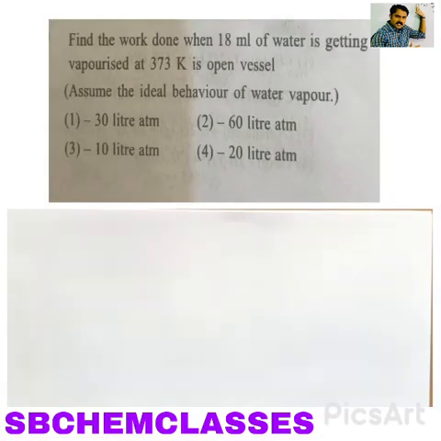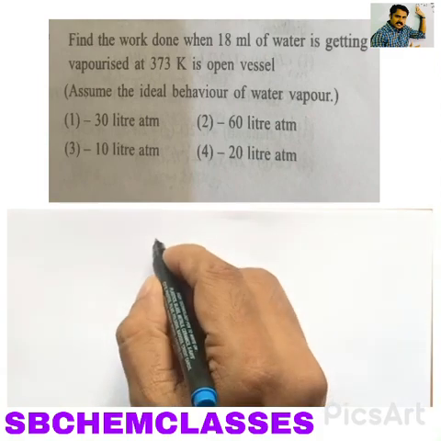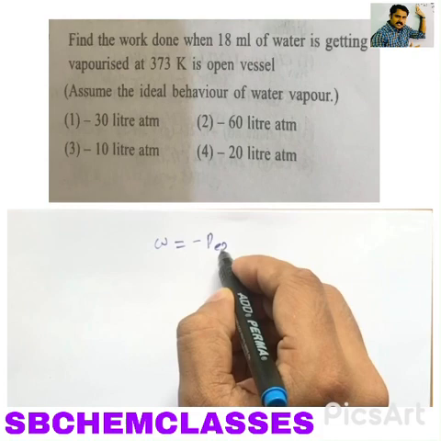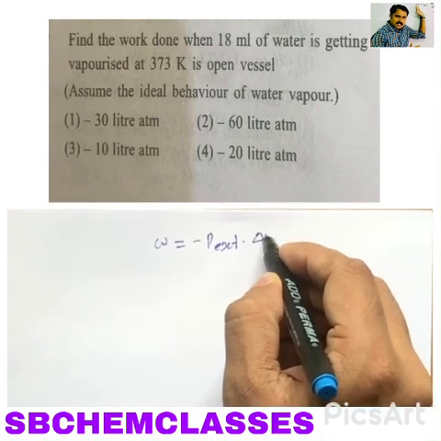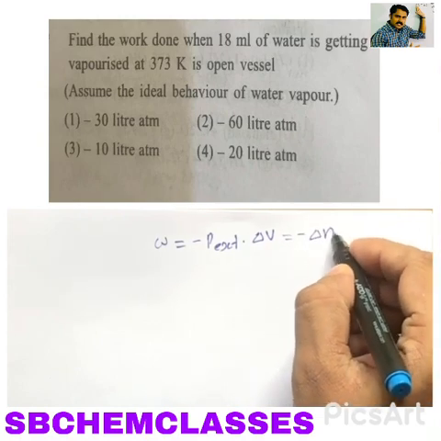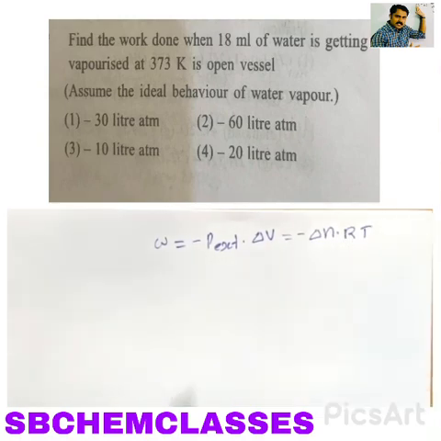Find the work done when 18 milliliter of water is vaporized at 373 Kelvin in an open vessel. Assume ideal behavior of water vapor. If work is to be calculated in a chemical reaction, we can use the equation W equals minus P external into delta V, that is equal to minus delta nRT.